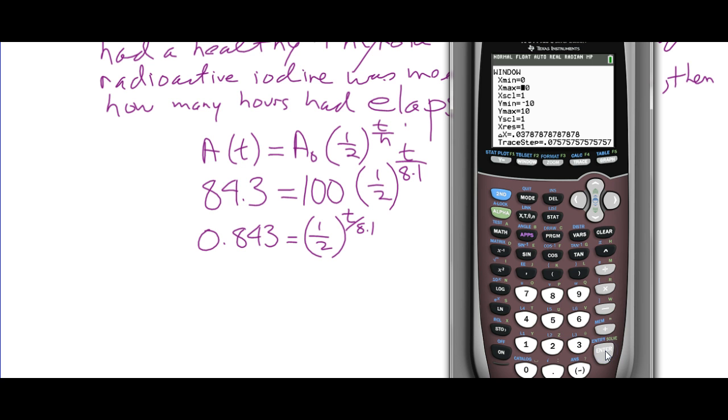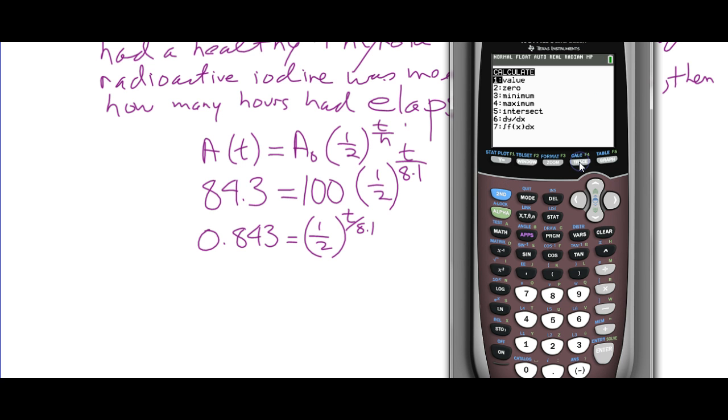I'll go 0 to 10 by ones, and let's go like -1 to 1, and regraph this. So the 0.843 is up pretty high, close to the top, and here's our line coming through. A lot easier to just see that.